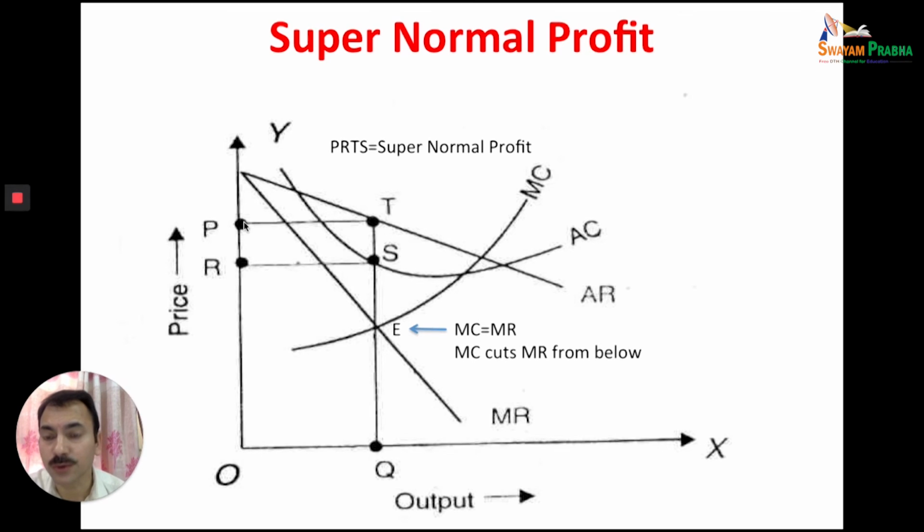And the supernormal profit is the area PRST, TSPR. This is the supernormal profit in case of the short run.